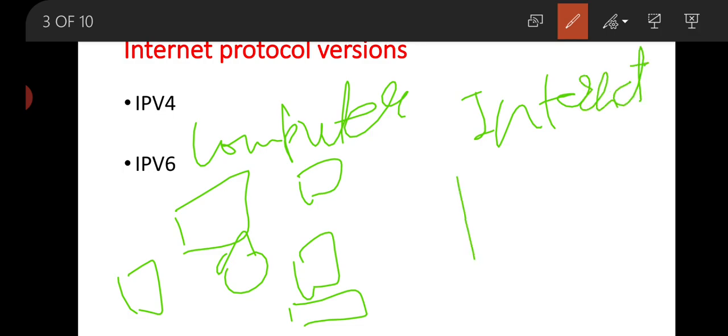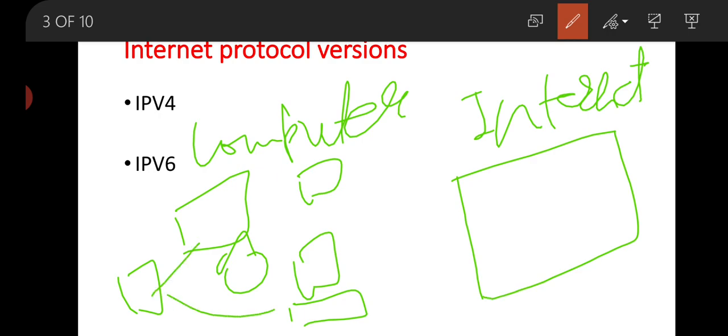All the computers are connected to each other through the internet. Then on the internet, how can you identify the message or request generated by the client or server, and from which computer it came?